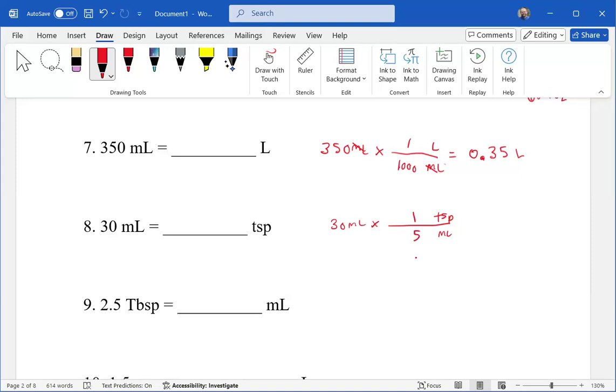And if you get a measuring spoon out, next time you open the drawer that has your measuring spoons, just look at it. A lot of times it'll say 1 teaspoon, and then it'll say 5 milliliters. 1 tablespoon, 15 milliliters. I'm only telling you to do that because it'll be a reminder. Then you're going to take your 30 milliliters, divide it by 5, and you're going to get 6 teaspoons.